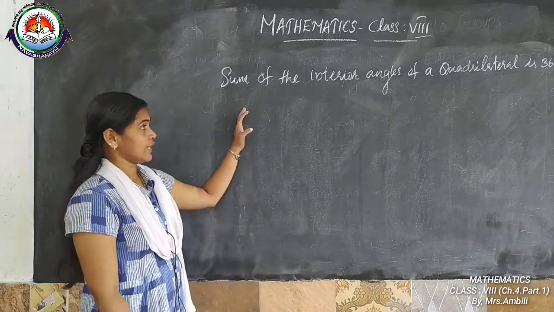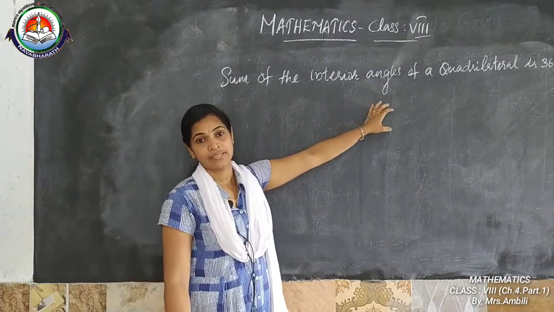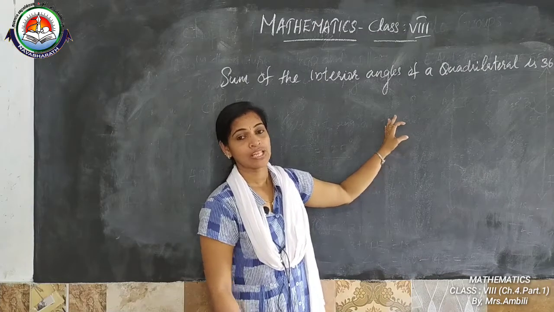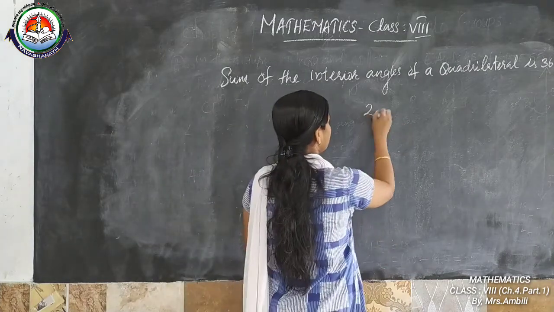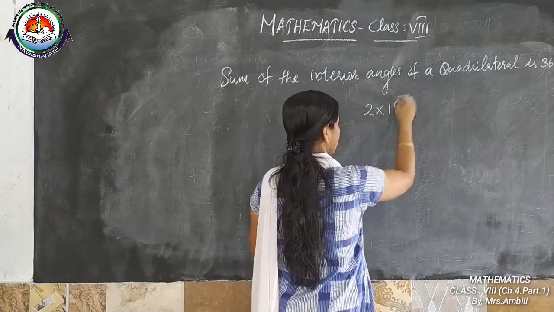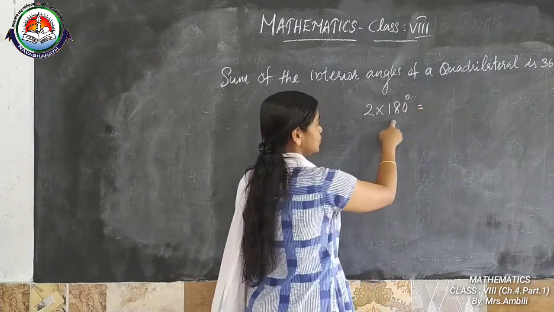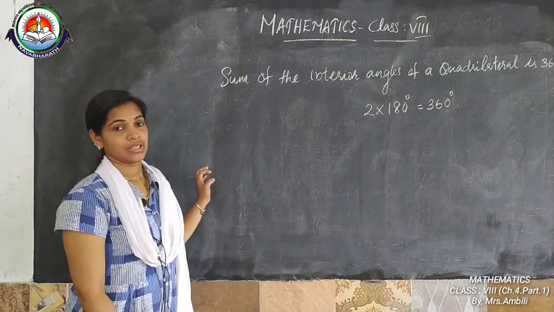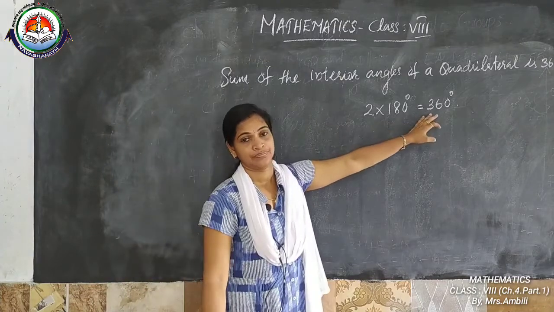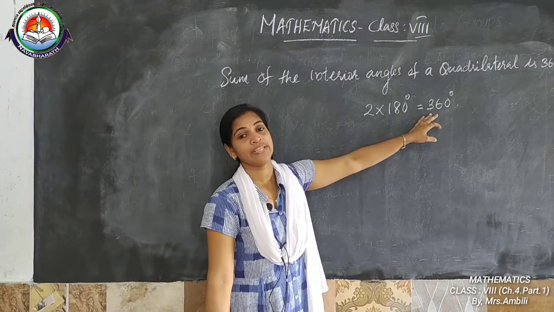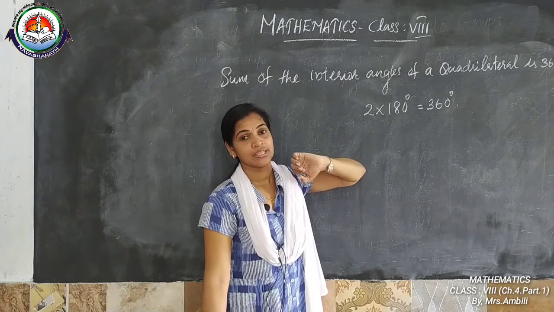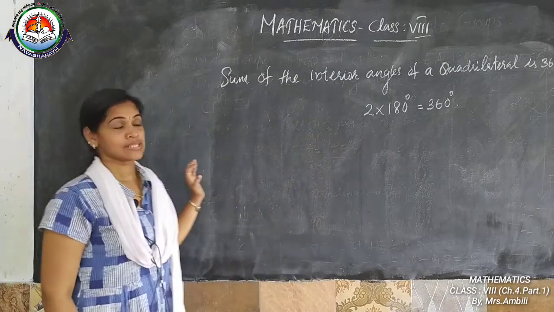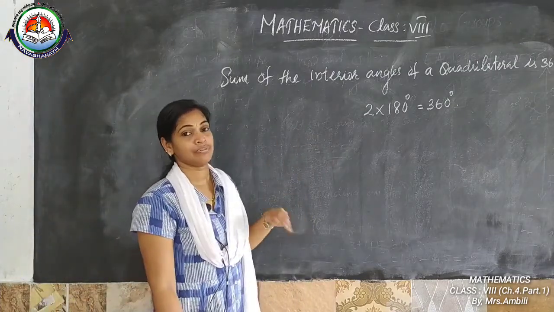So, we know that a quadrilateral is made up of two triangles. Okay. So, the sum of the interior angles means 2 into 180 degrees, two triangles, and you got 360 degrees. It is for a quadrilateral. So, if it is a 5-sided figure, the sum of the interior angles of a pentagon. That is, a pentagon is made up of 3 triangles.